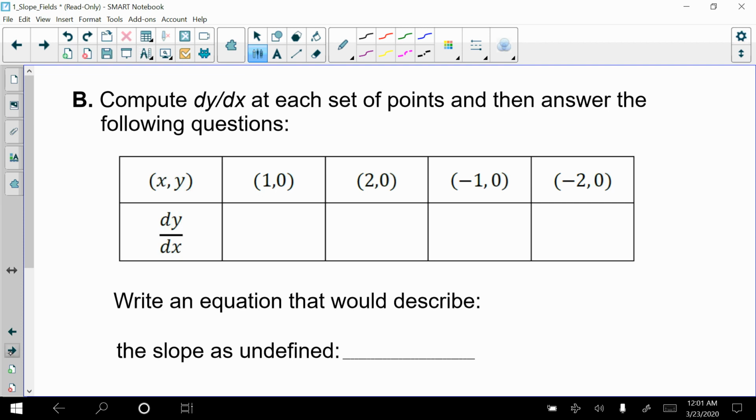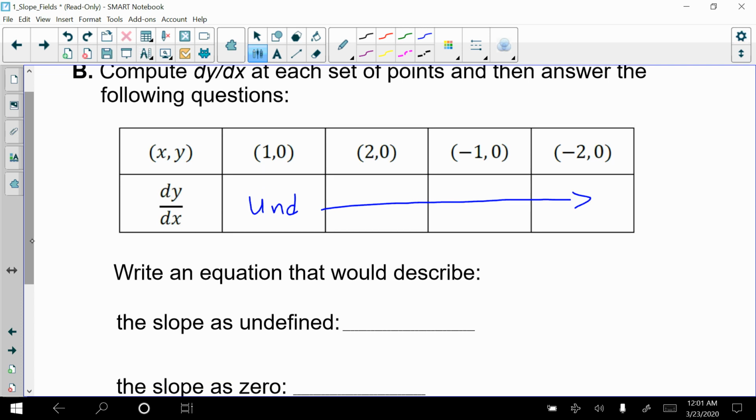Now here we're still using the same expression. So whenever y is 0, because y is in the denominator, all of these, no matter what the x number is, are going to be undefined. They're all going to be the same. So here, write an equation that would describe the slope as undefined.